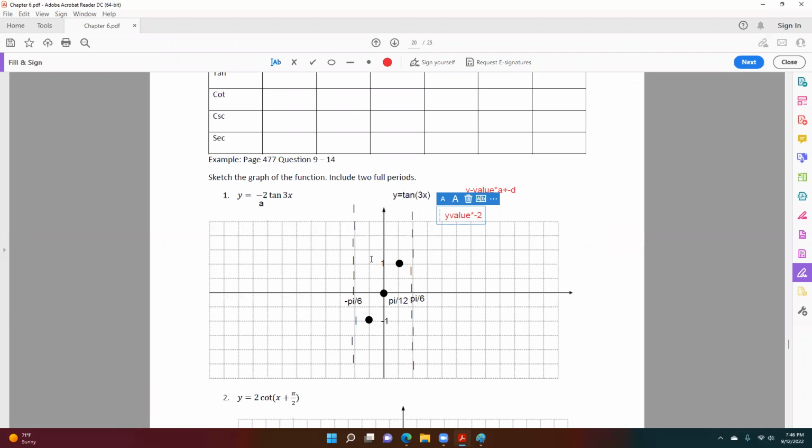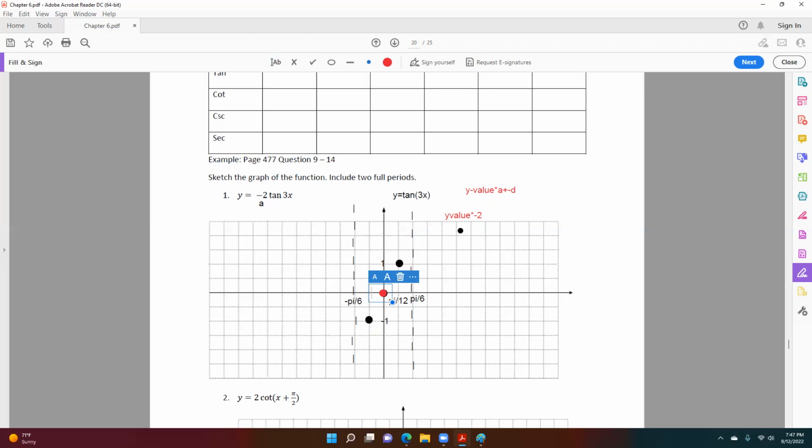Now let's take a look at the point 0. This is your y value. Your y value is 0. If you take 0 times -2, you will end up back at 0. So this point still stays here, because 0 times -2 is still 0. But if you look at this point, your y value is -1.